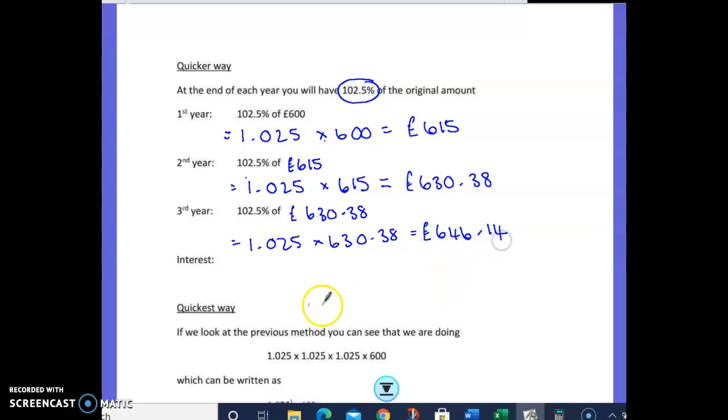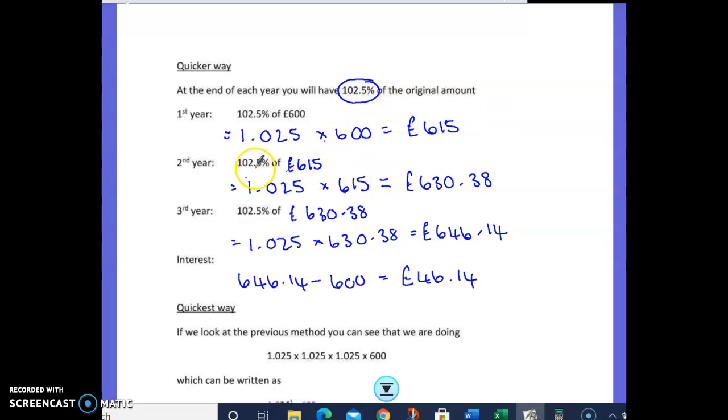I hope you agree that's a lot shorter way than the way we looked at previously. Final answer then for the interest, again I just need to take off my £600, so £46.14 interest. But we can do this in an even quicker way.